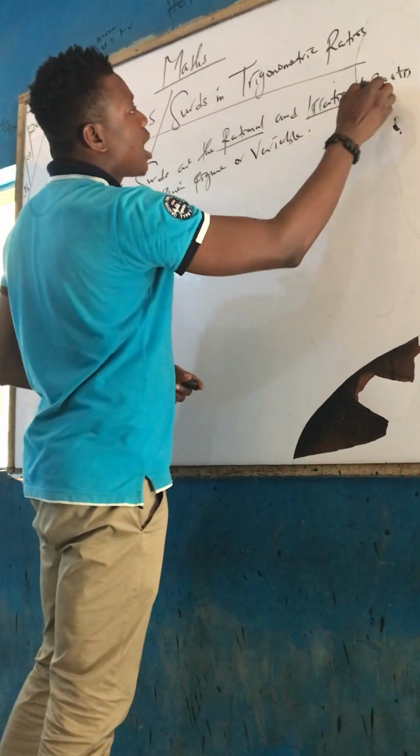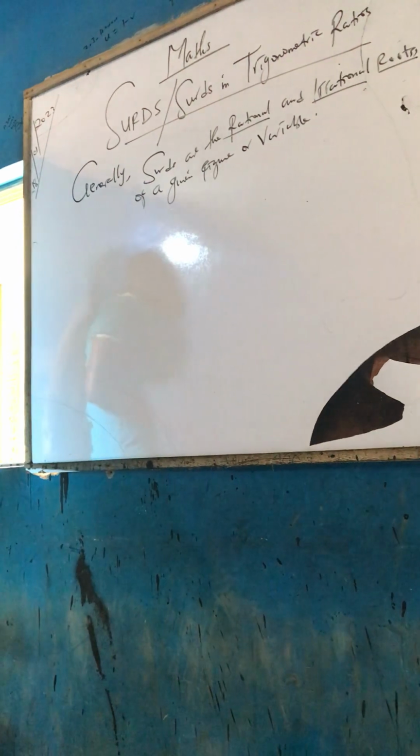Rational and irrational roots. That's what we call surds.